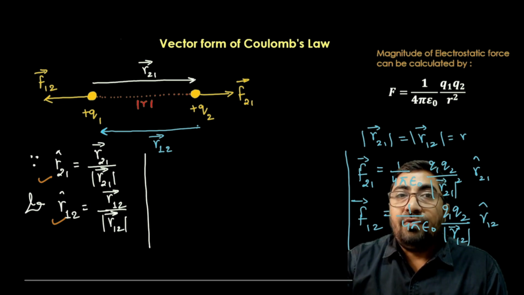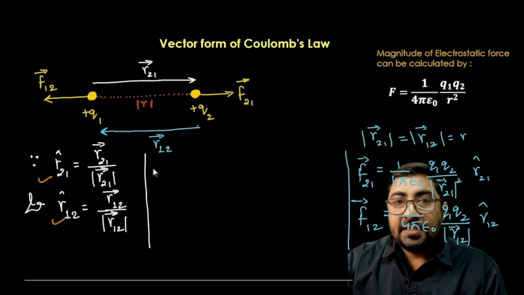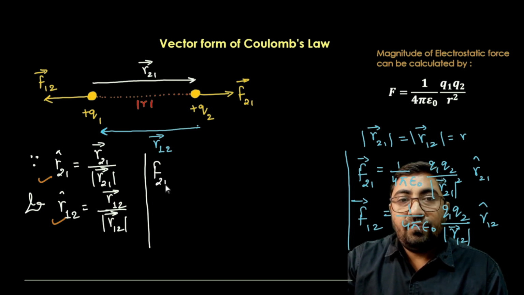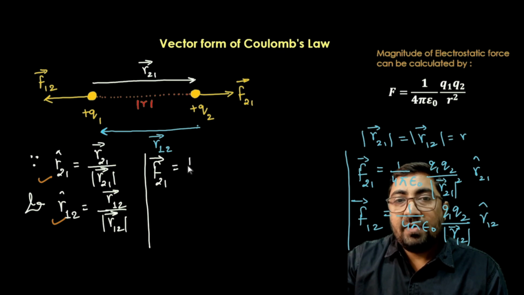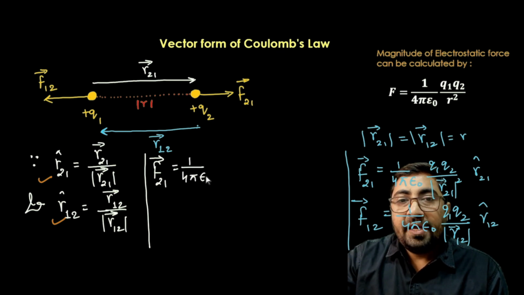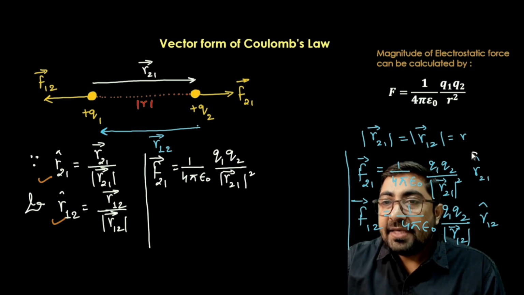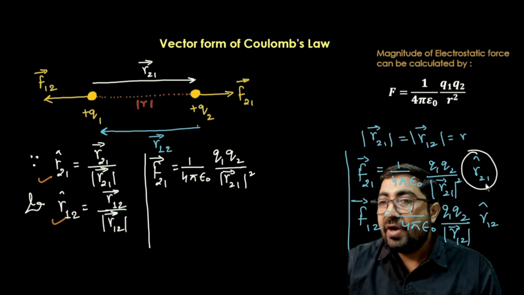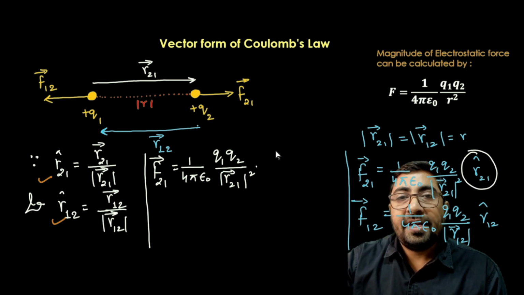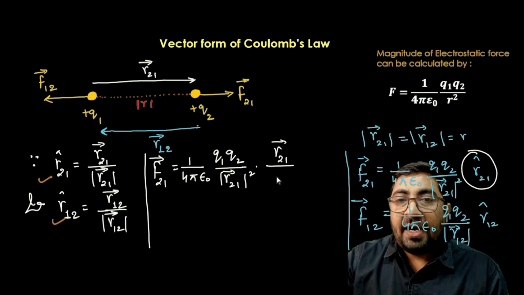So the force can be simply written as F21 vector equal to 1 upon 4 pi epsilon naught q1 q2 upon the magnitude of r21 square, and in place of the unit vector r21 I can write vector r21 upon the magnitude of vector r21.